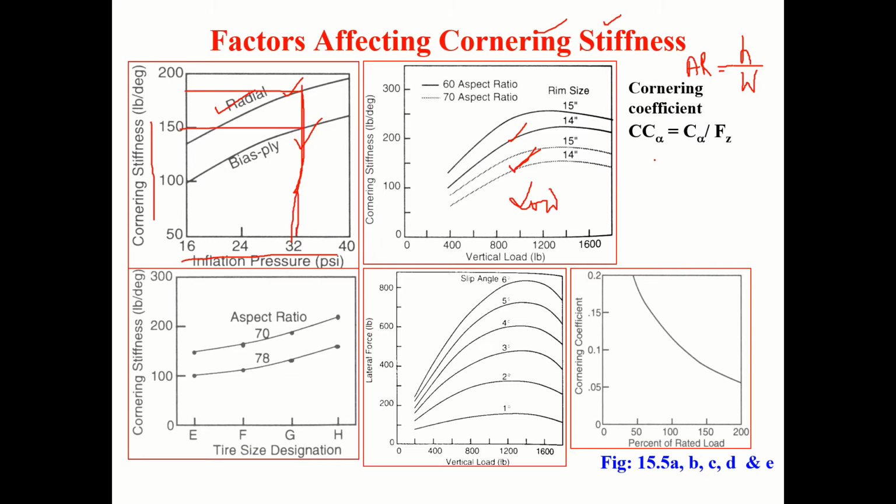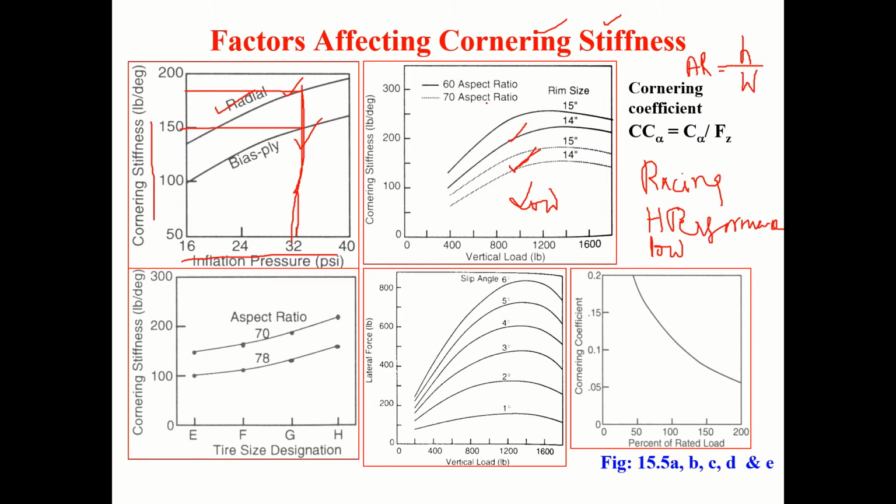So if you see the racing vehicles or high performance vehicles, they have very low aspect ratio, so they perform better.